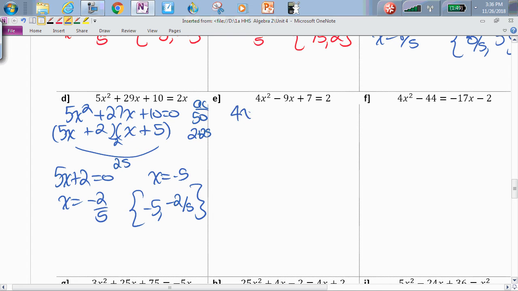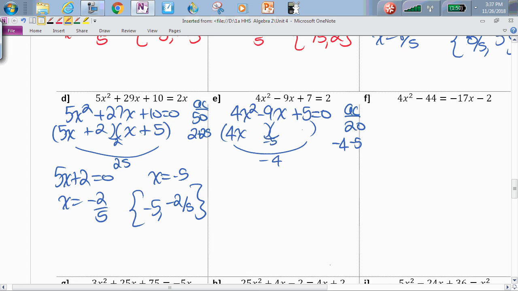Alright, 4x squared minus 9x plus 5 equals 0. Your AC is 20. It'll be negative 4 and negative 5 to get to negative 9. So 4x and negative 1 makes a negative 4.